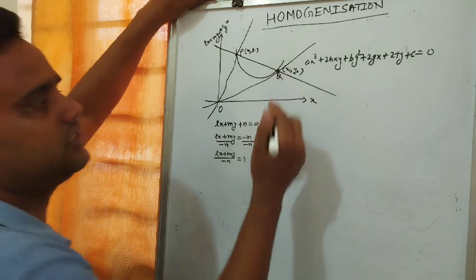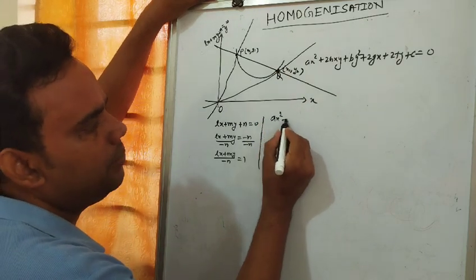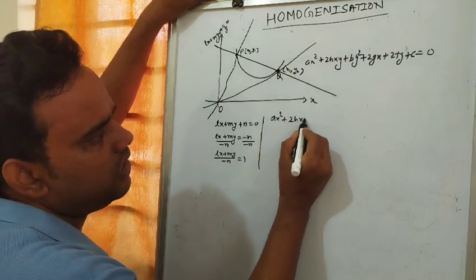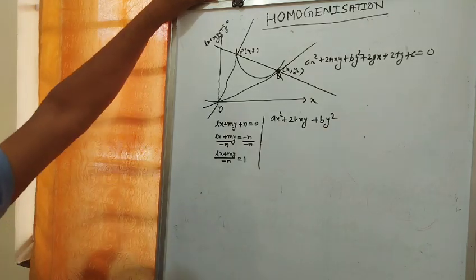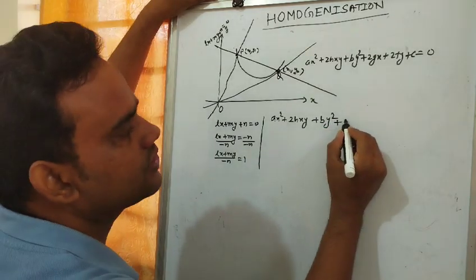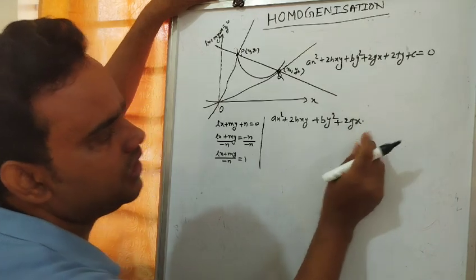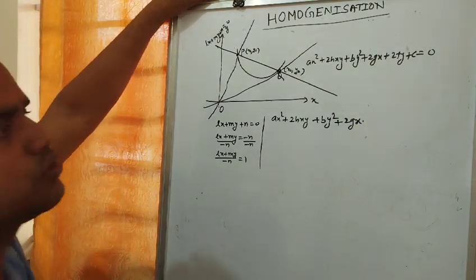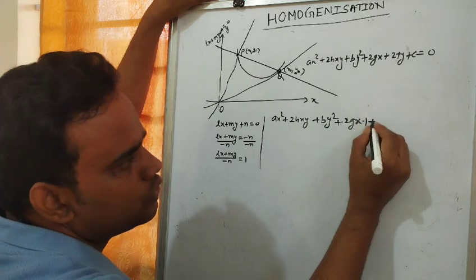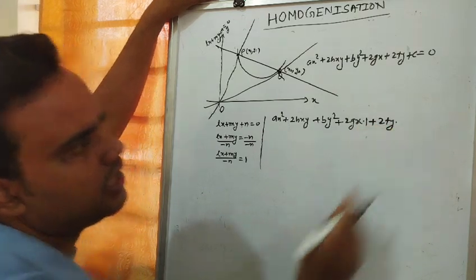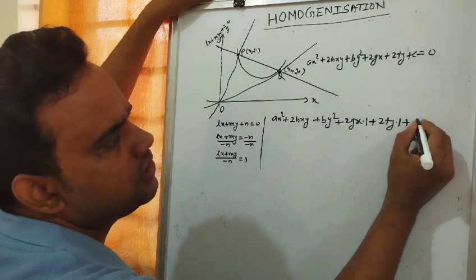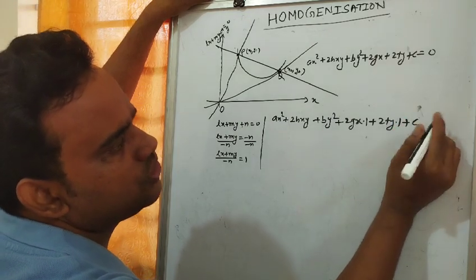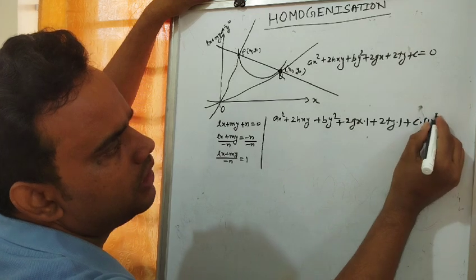So what we write here: this ax square plus 2hxy plus by square are homogeneous, degree 2. But here in 2gx the degree of x is 1, so we multiply by 1, plus 2fy, here also the degree of y is 1, so multiply with 1, plus c, the degree is 0, so 1 square equals to 0.